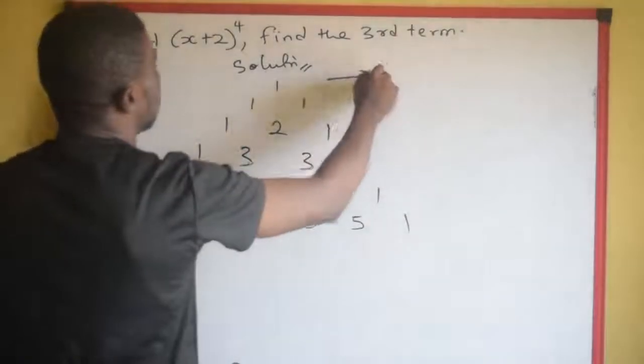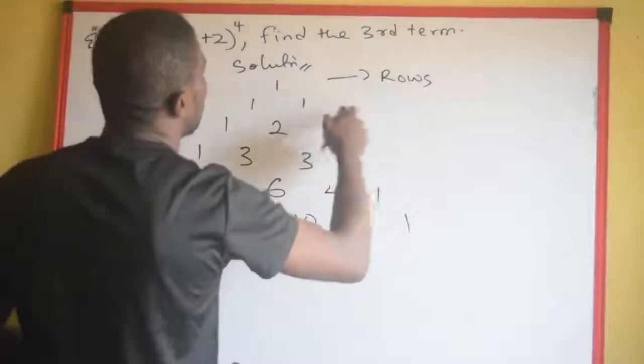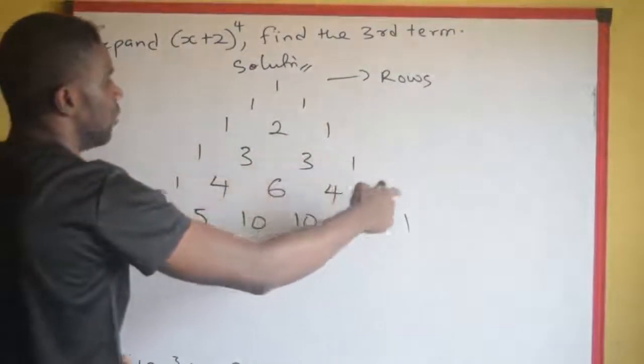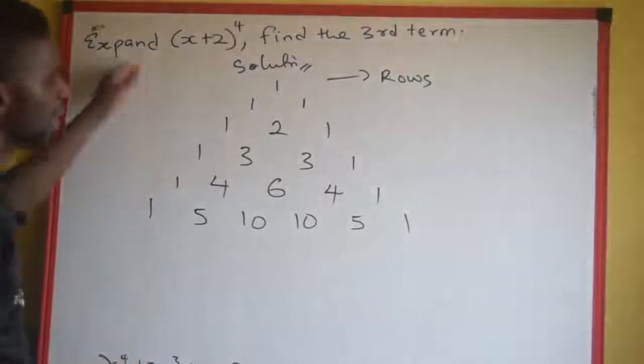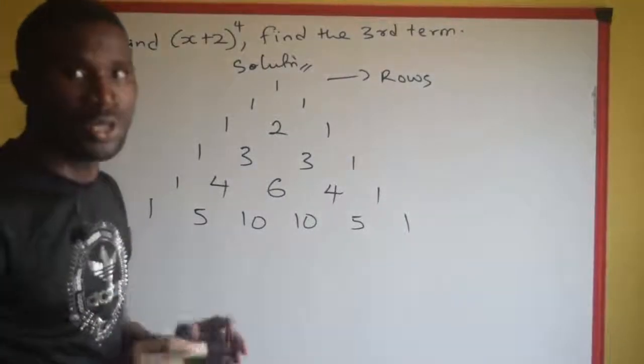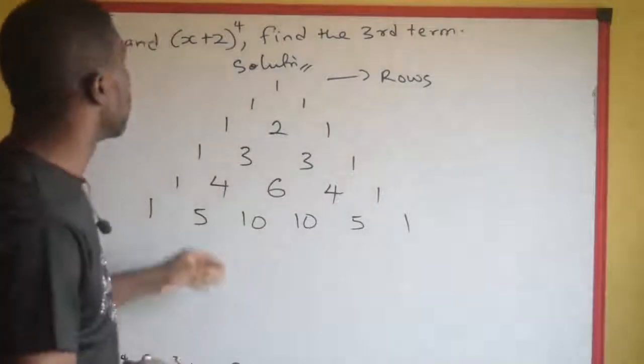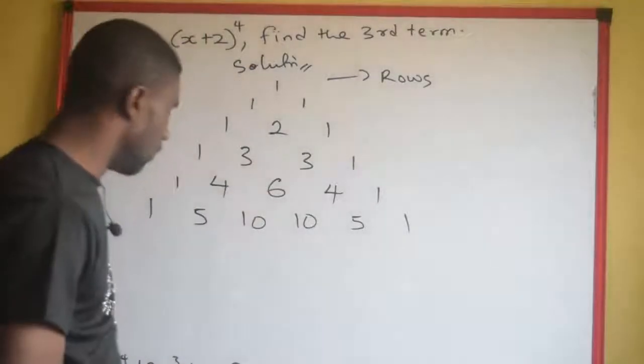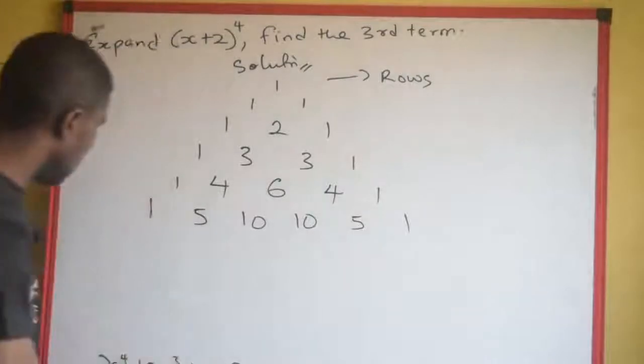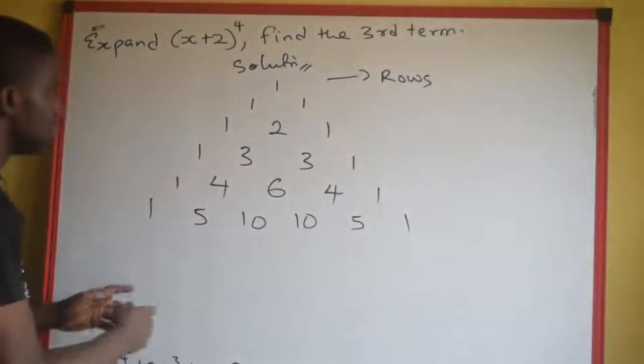So here, we'll pay attention to this. All these things here are rows. So we have row 1, row 2, row 3, row 4, row 5, row 6. But we'll pay attention: we are not going to use all the rows. The row we are going to use here must correspond to the number of terms we have here. Let me bring the question up.